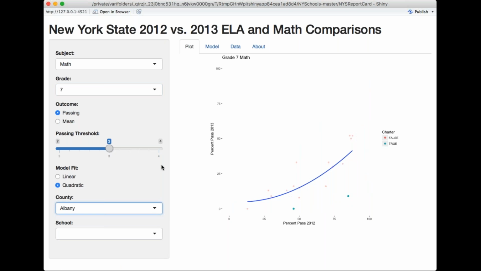I live in Albany County, so I can look at what the schools are, and subset the data points to schools in my county. And maybe if you're in Brooklyn, you can look at the Brooklyn schools. But from my point of view, having done a lot of charter school research, what became interesting to me is the fact that most of these charter schools fell below these regression lines.